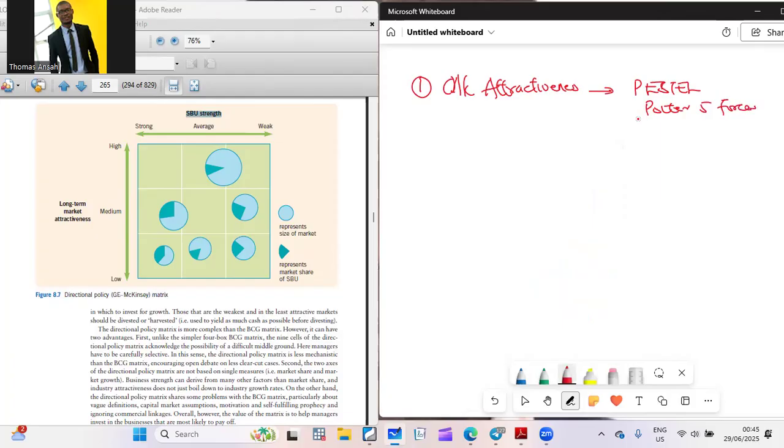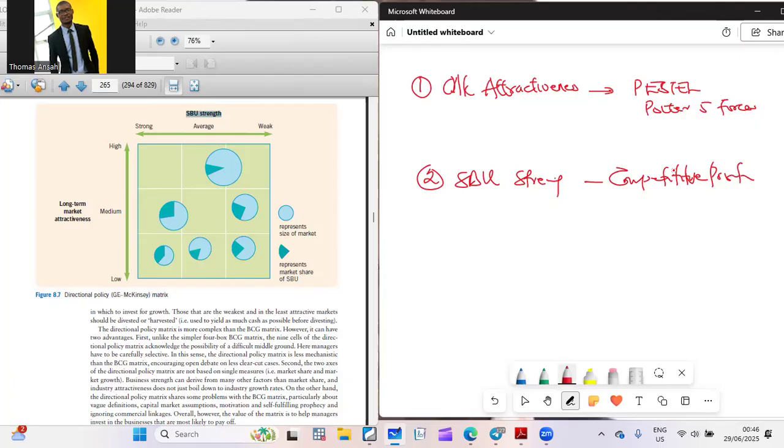The other one was more of profitability. Now the business strength that you see here, the SBU strength, is your competitive position. Where is your position? Are you leading? Are you in the middle? Or are you weak?